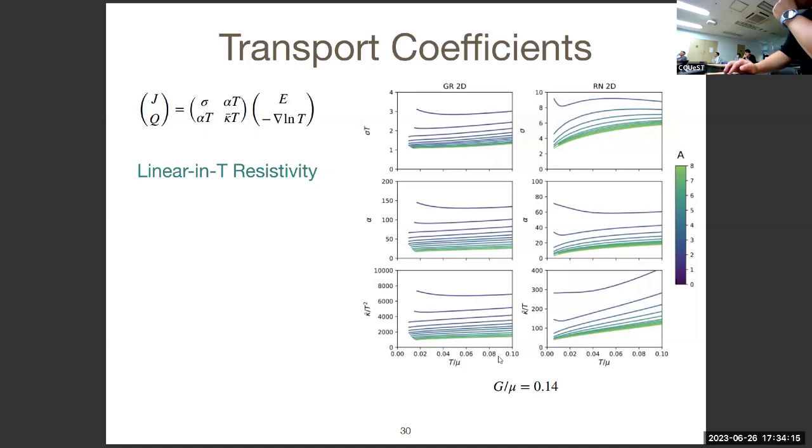All I can say is that this is low temperature. Mu here is supposed to set the temperature scale, and this being 0.1 means that's much less than 1, which means if this were an ordinary metal, you would imagine mu to be set by something like the de Broglie wavelength.